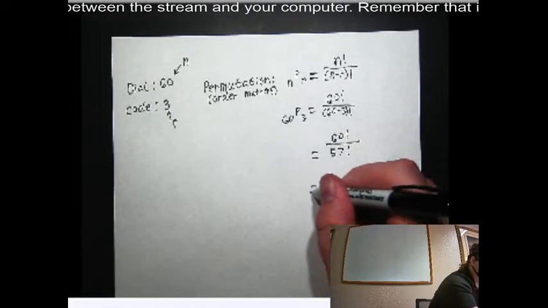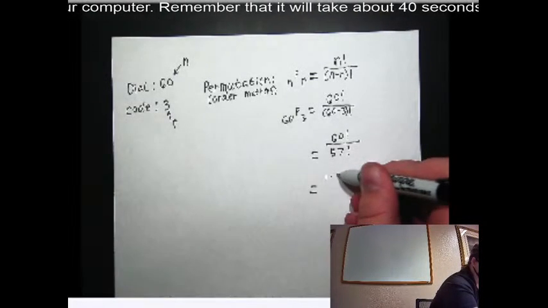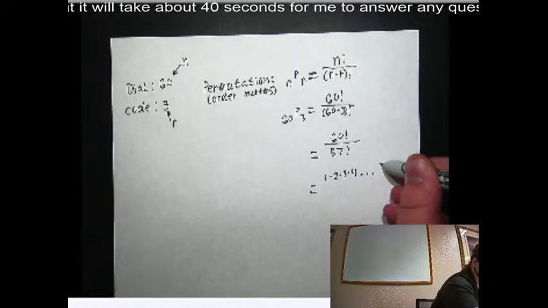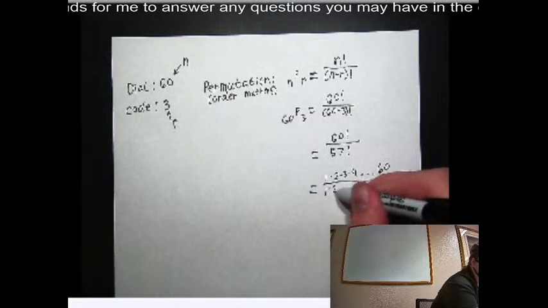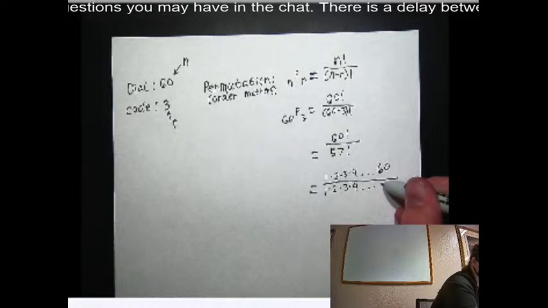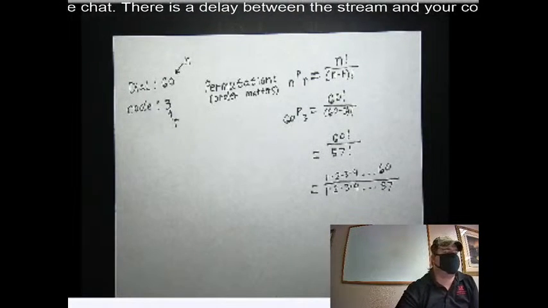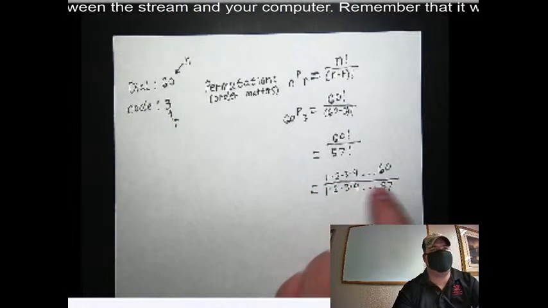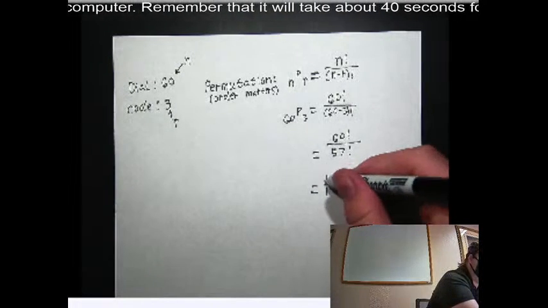And in fact, there's quite a nice shortcut for this. Again, remember that this is 1 times 2 times 3 times 4, all the way up to 60, right? And then 57 is pretty similar. It's 1 times 2 times 3 times 4, all the way up to 57. Well, since these are multiplying numbers, and they're being divided by the same multiplying numbers, they cancel.